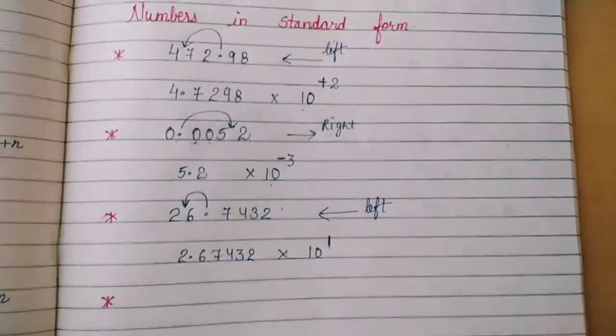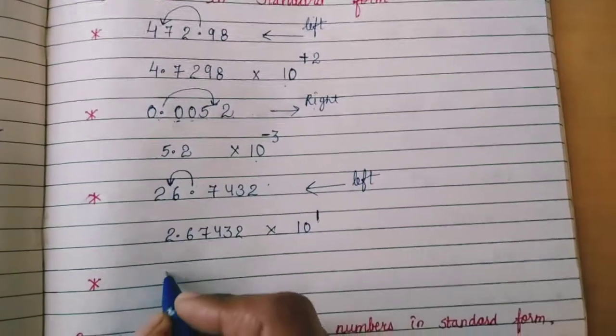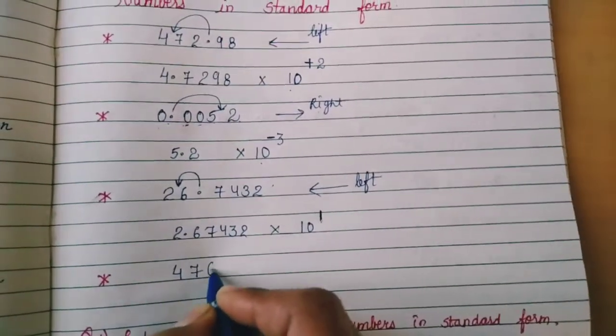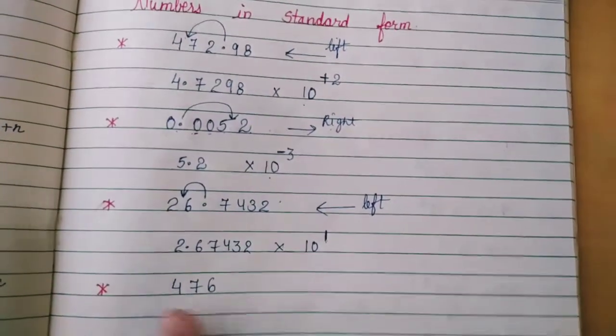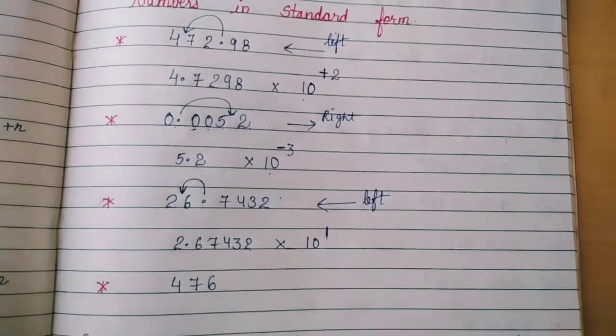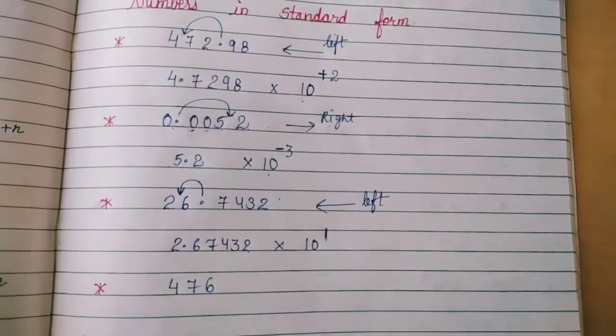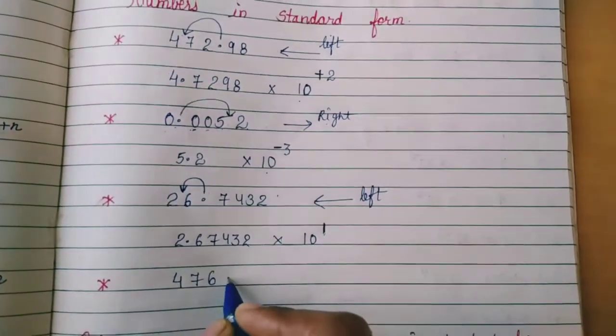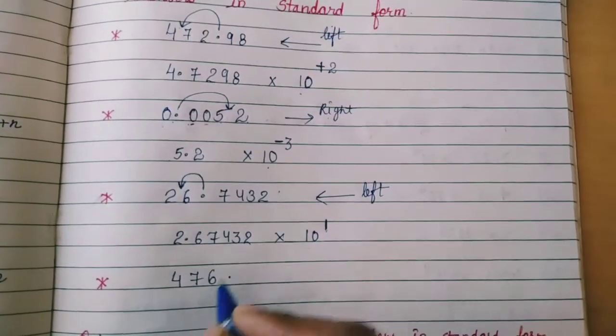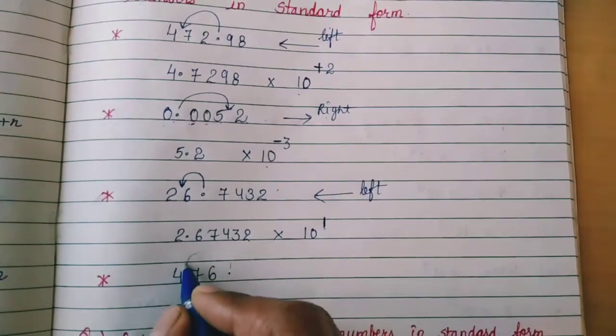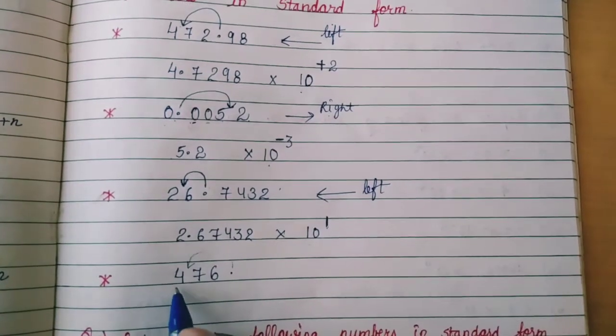Now one more case, if we have 476. In this number you can see we don't have a decimal, but the decimal is at the end of the number. So we simply shift this decimal between 4 and 7.